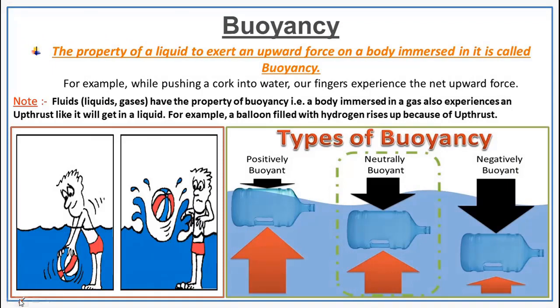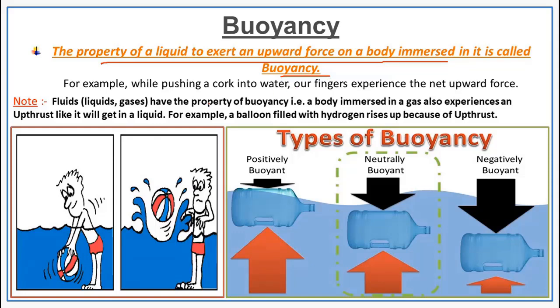Now, let's understand buoyancy. What is buoyancy? In a very simple way, you can say the property of a liquid to exert an upward force on a body which is immersed in it is known as buoyancy. Or you can say the ability to exert the buoyant force is known as buoyancy. But you need to remember one more thing, that the property of buoyancy is not only for liquids.